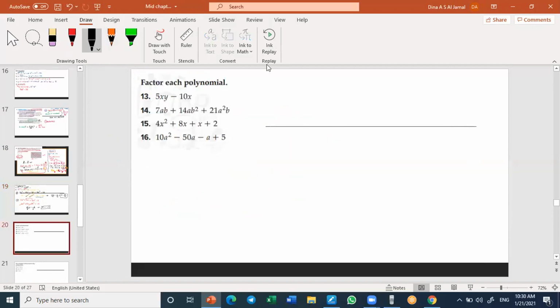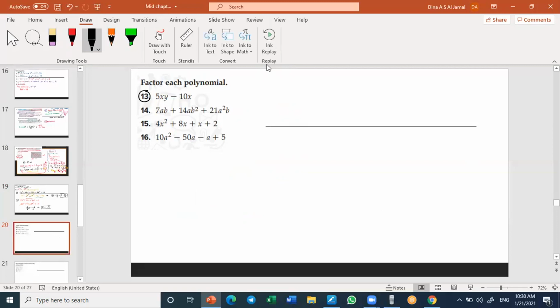Now we need to factor these problems 13, 14, 15, and 16. I will be solving each of them, and it will depend on the gap, so I will be shifting between the slides.